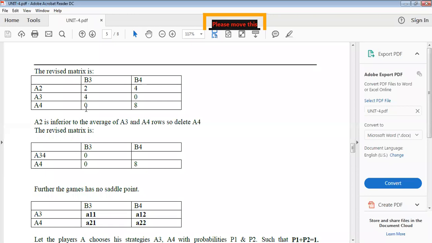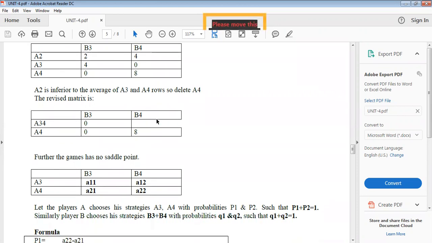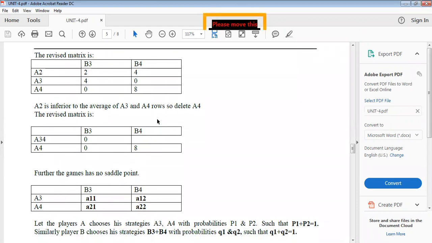So 4 means 2. Here it is also 4. So 2 and 4 are getting. And 40 average is nothing but 2. Here nothing but 4. So 2 and 4 they are coming, 2 and 4 here, 2 and 4 here. One row will go out automatically.